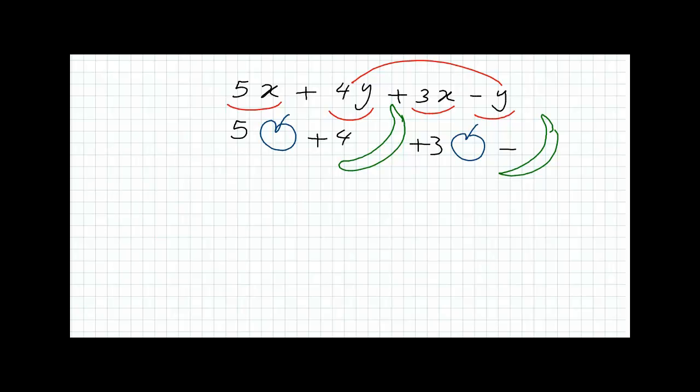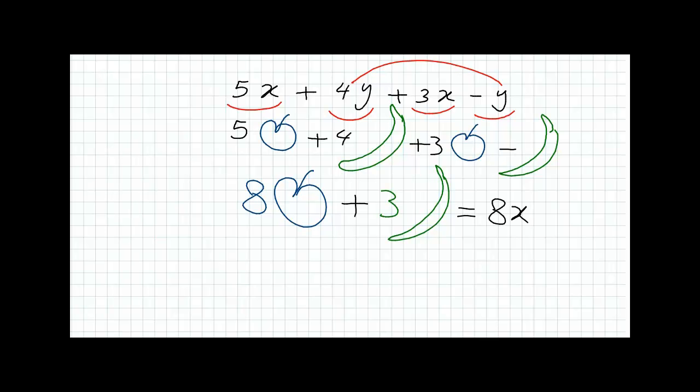So you can say that you have 8 apples and also 3 bananas remained with you when you take one from 4 bananas. Or in symbols we can say this is equal to 8x plus 3y. And this is what we call simplifying by combining like terms.